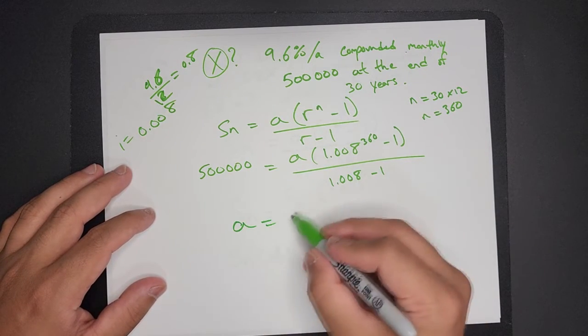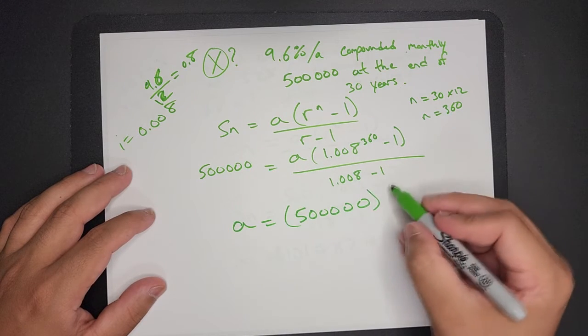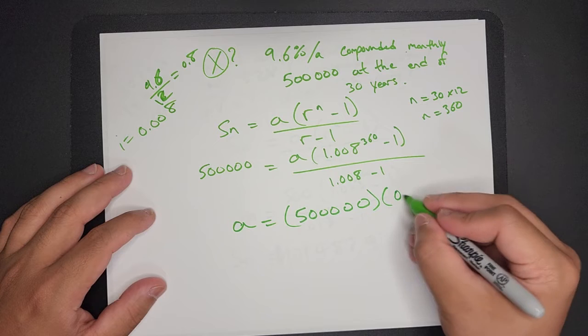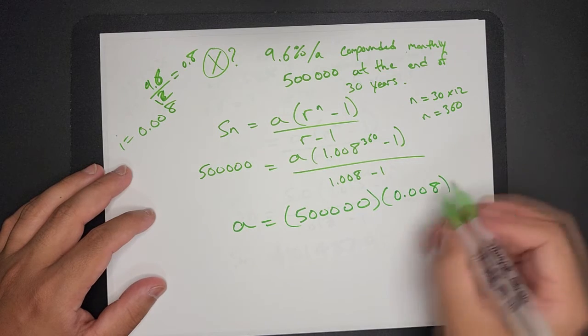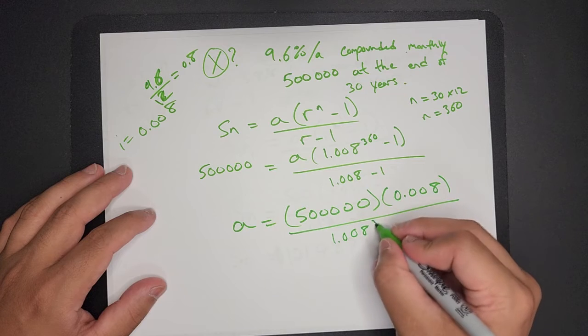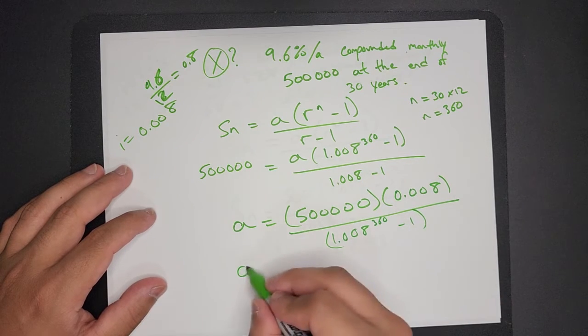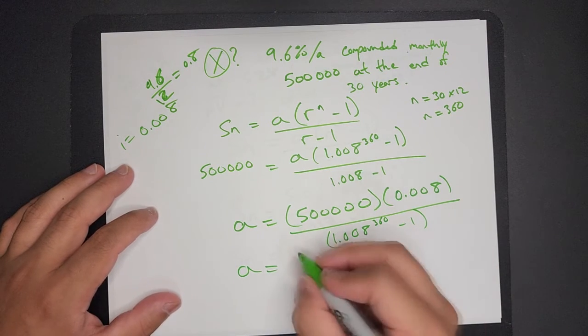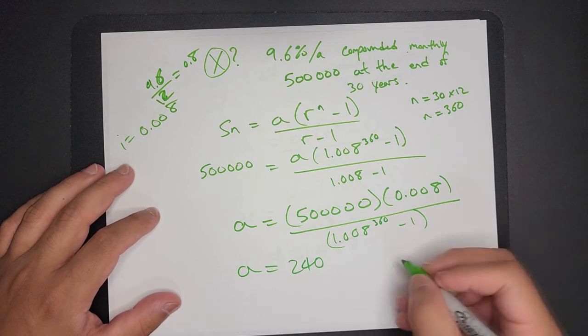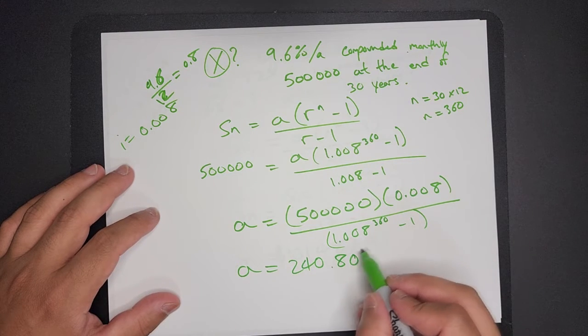A is equal to, I should get an A value of $240,000.80.